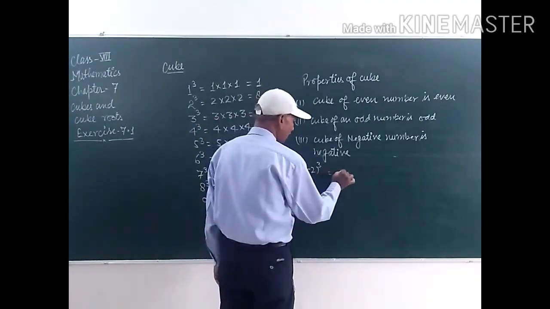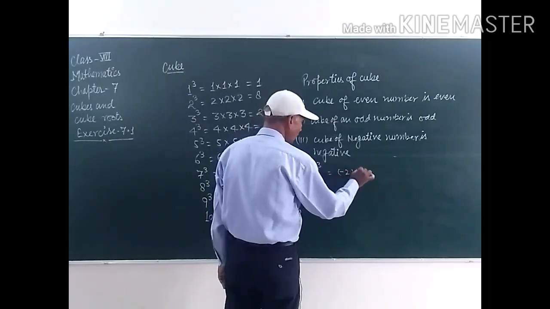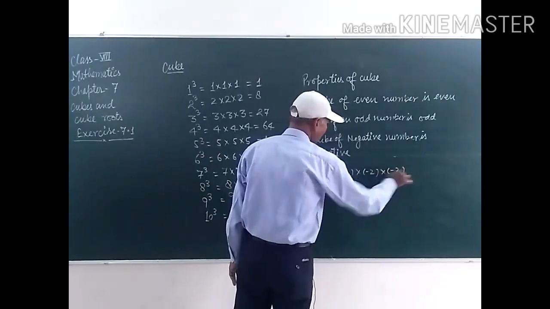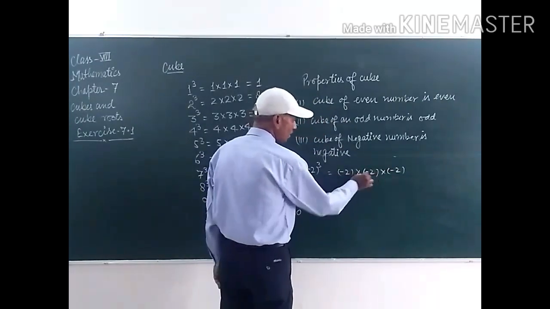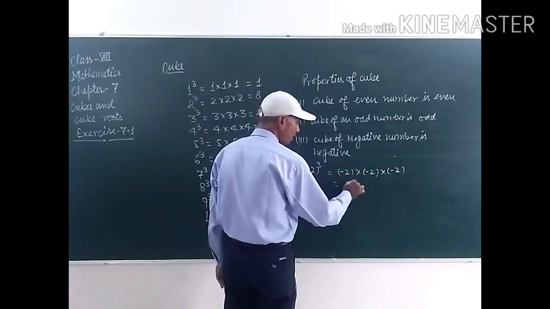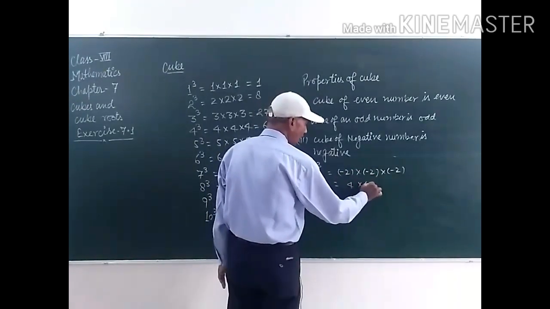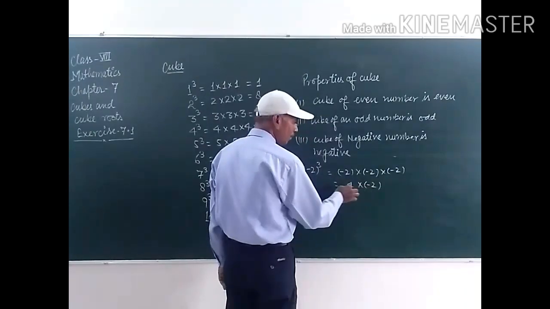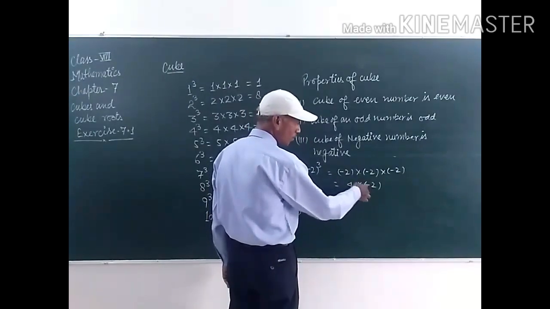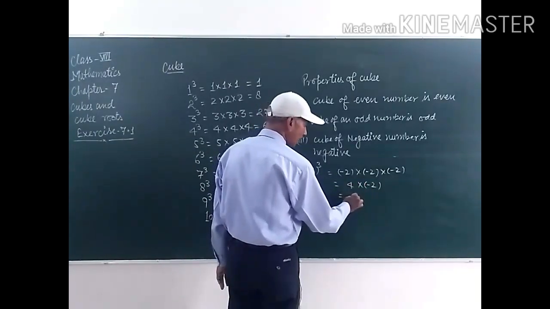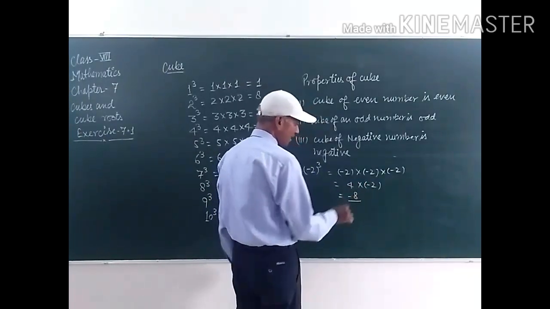So it will be minus 2 into minus 2 into minus 2. So minus 2 into minus 2, minus into minus student, it will be plus, 2 twos are 4, into minus 2. So 4 twos are 8, and this one positive, this one negative. Positive and negative makes negative. So 4 twos are 8, it will be minus 8.